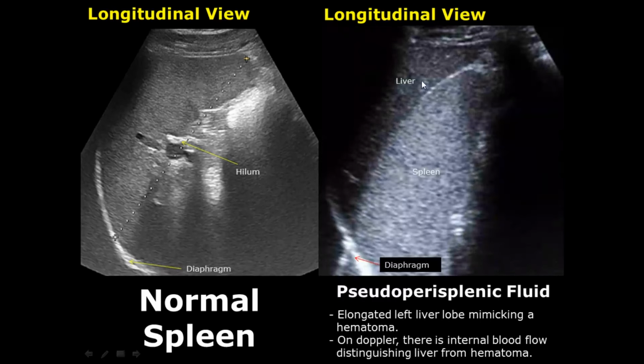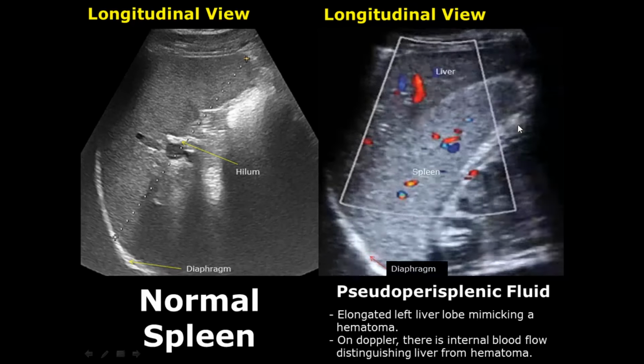Sometimes an elongated left lobe of the liver can reach the area of the spleen and come into the field of view. This can mimic a hematoma. Here it is the liver, not a hematoma, and we can distinguish it by using color Doppler.